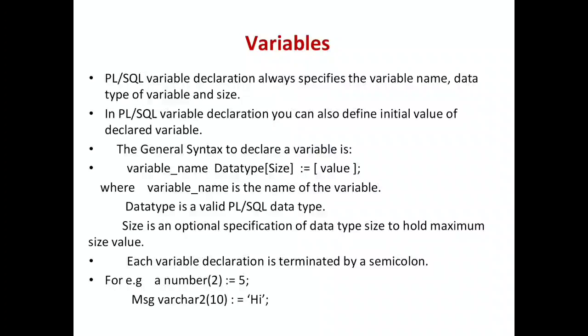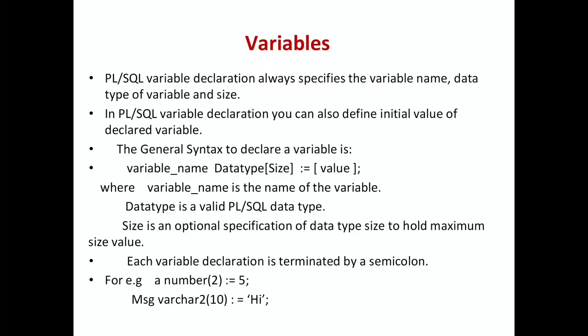Now see, we will give one example. a number(2) := 5. A is the name of the variable. Number is the data type. 2 is the size. Colon equal to is the assignment operator in PLSQL. Normally we have equal to, but in PLSQL it is colon equal to.